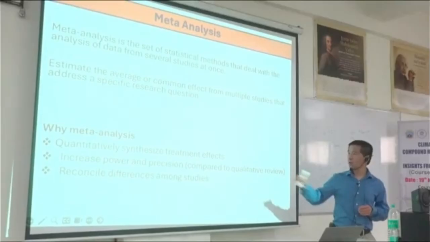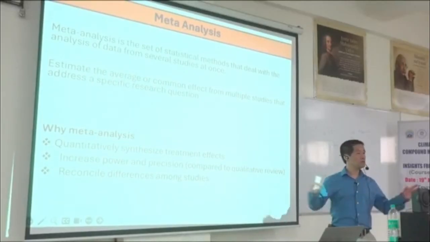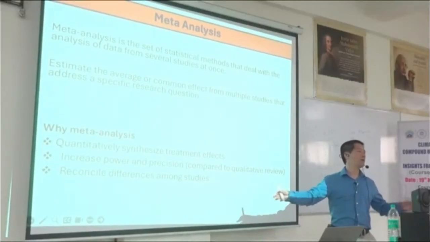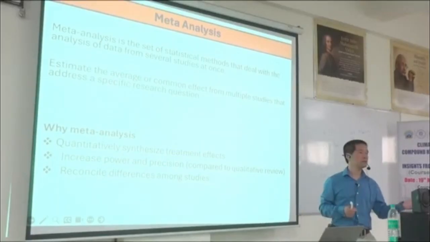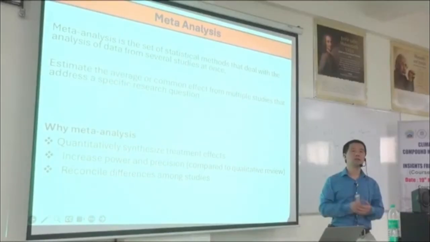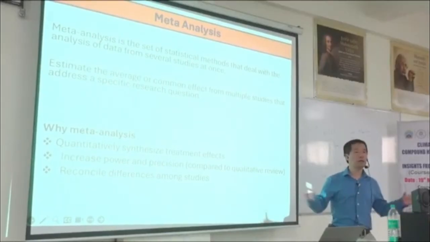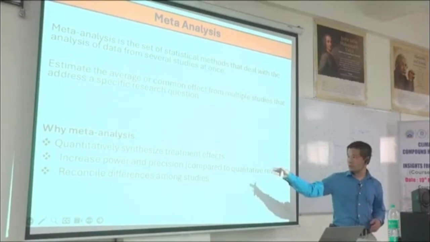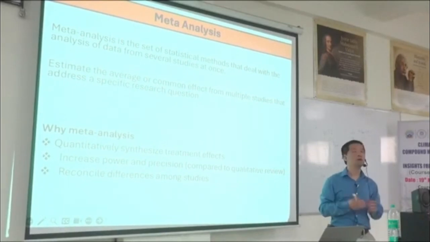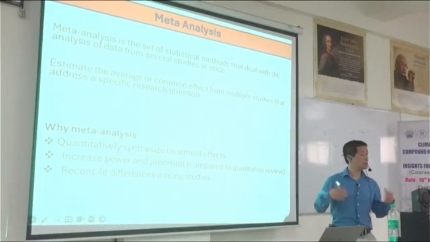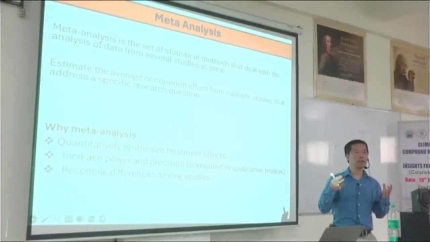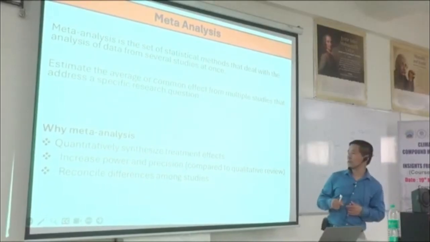For meta-analysis, you synthesize studies from all over the place. You could have very different soil texture, different temperature, different crop type. You can put them all together, so you increase the power of your conclusion, because it is based on a very large data set, and it gives you a general trend.